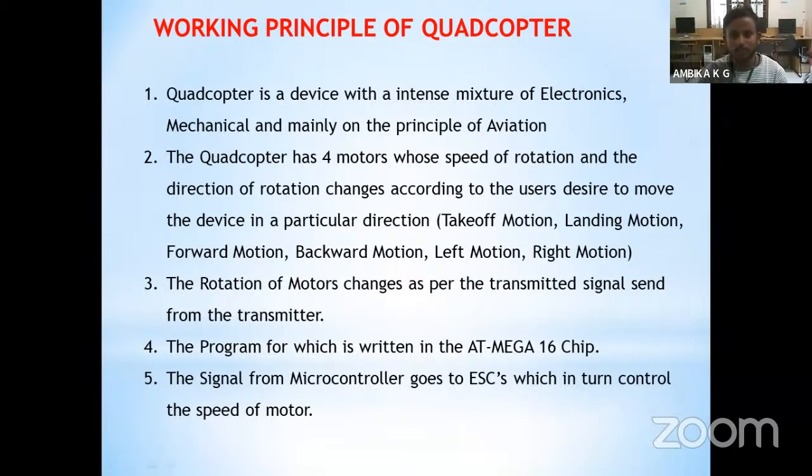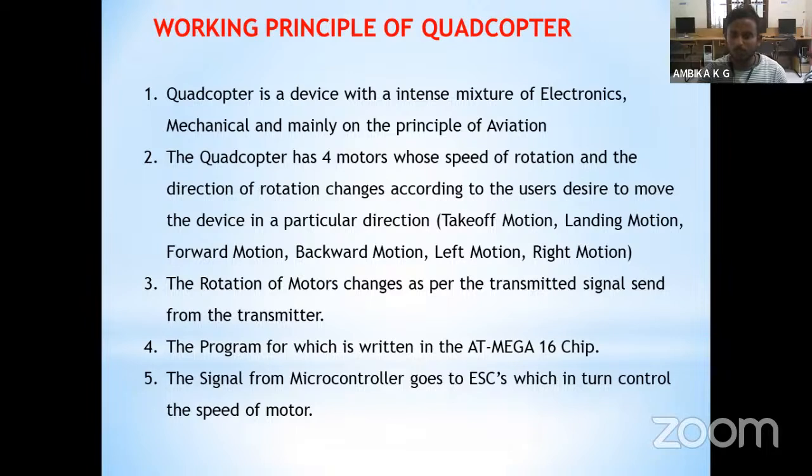So using a brushless motor, gravity and altitude, we are mainly focusing on aviation. A quadcopter has 4 motors, and brushless motors control the speed of rotation of the propellers or wings according to the user's desire to move the device in a particular direction, like takeoff motion, landing motion, forward motion, backward motion, left motion or right motion. According to the user's desire, the quadcopter moves in a particular direction.